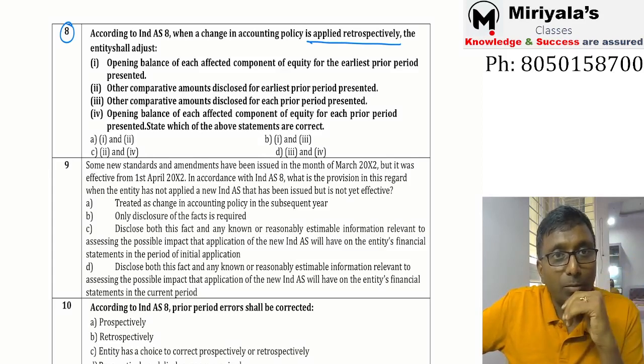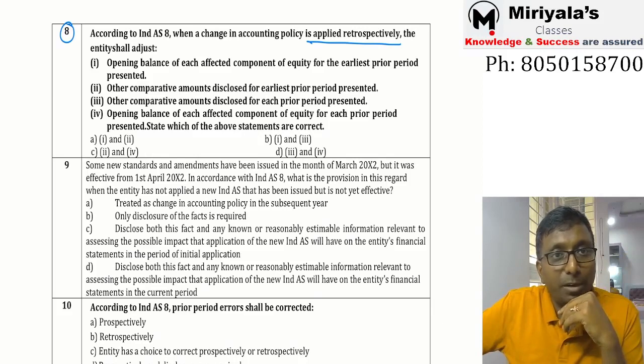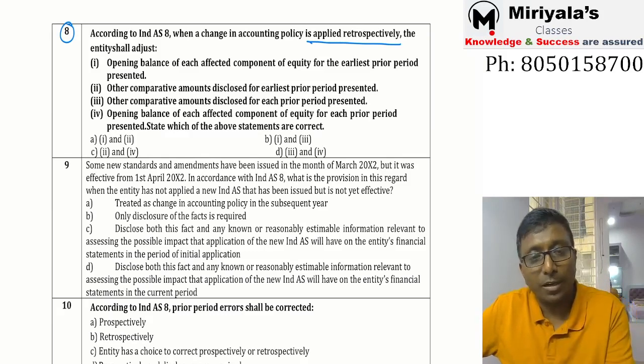Other comparative amounts disclosed for the earlier period presented. Other comparative amounts disclosed for each prior period presented. Opening balance of each affected component of equity for each period presented. Is the above all correct? Go through. I think you need to read it carefully once again, otherwise you can't answer so straight.